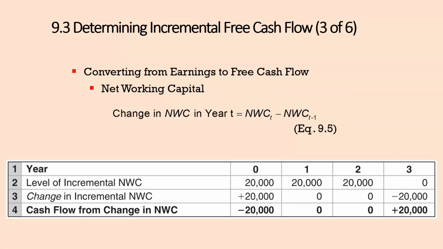Change in incremental NWC, you see 0 for year 1 and 0 for year 2. But in year 3, you have a negative 20,000. Then you have cash flow from change in NWC. Year 0, you have a negative 20,000. Year 1 and 2, you have 0. But in year 3, you have a positive 20,000.